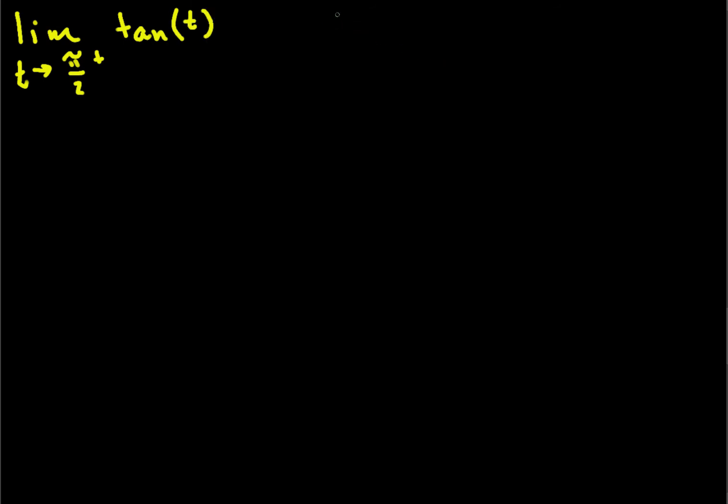What is it equal to? Now we're looking at t being infinitely close to pi over 2, but it's also bigger than pi over 2 because we're on the right-hand side.